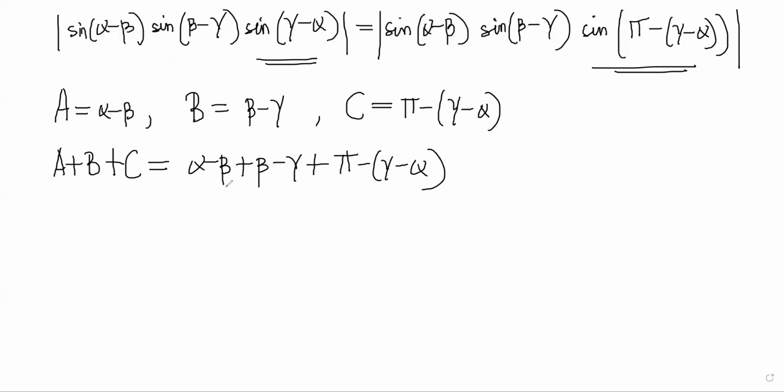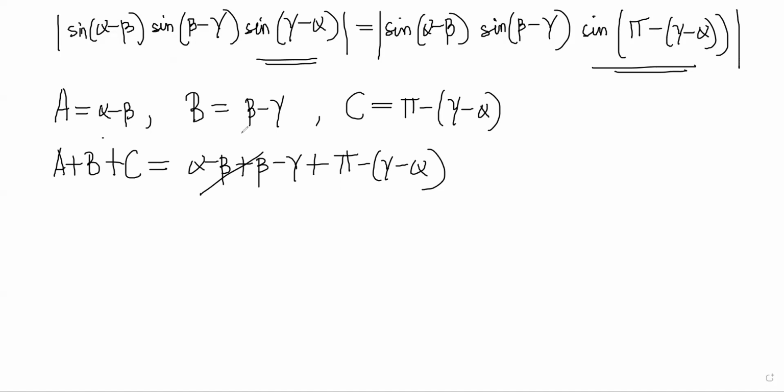So what is this becoming? This gets cancelled. If you had just kept it gamma minus alpha, you would have gotten 0. Pi minus alpha plus alpha. So A plus B plus C, is it adding up to pi?